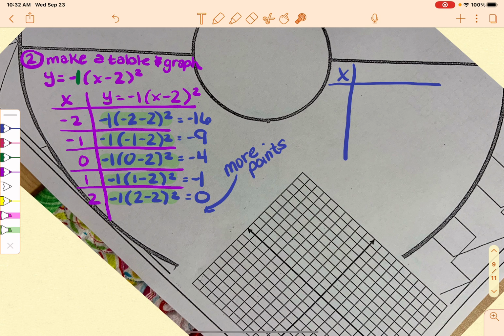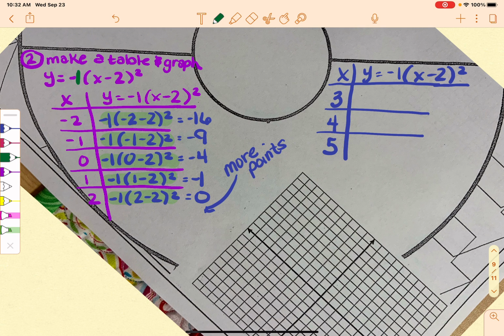So if the last one I can see down there is 2, when I start up here, 3, 4, and 5. I'm going to add the equation on the top, just like I did with the other ones. And then I'm going to start to go down and plug these numbers in for x.